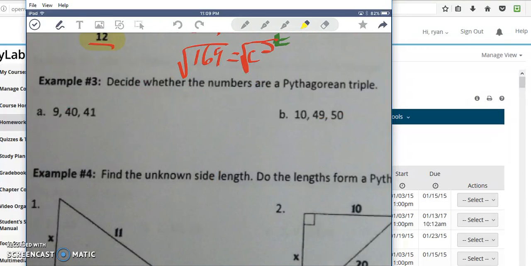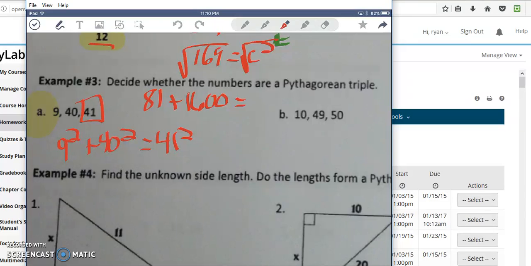So in this one, we have an example A here. We'll do the same things we have been doing. Of course, c squared is always the longest one, which is the 41. So we set it up: 9 squared plus 40 squared is equal to the longest side squared, which is 41 squared. 9 squared becomes 81. 40 squared is 1600. 41 squared is 1681.